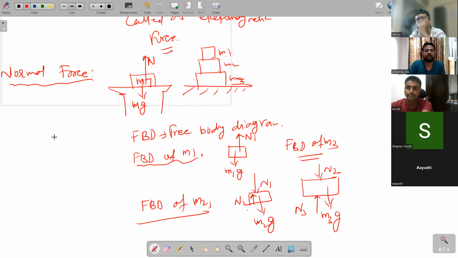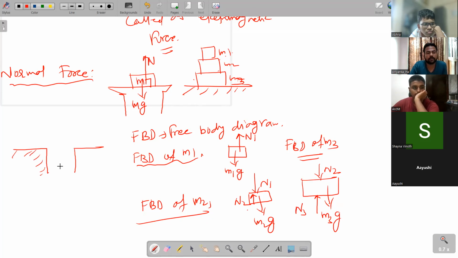Now see, this is your table or any such kind of thing, and one spherical ball is kept over here like this.